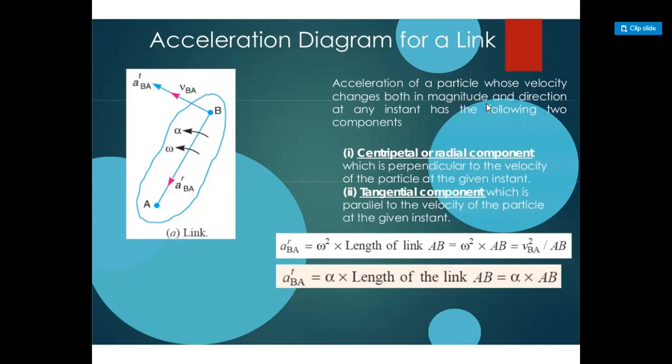The radial component is easily calculated as omega square into the length of link, but the tangential component of the link is calculated as alpha into the length of link AB, where alpha is the angular acceleration of the link, right? You can use the Coriolis theorem to calculate the radial component of the link, right?